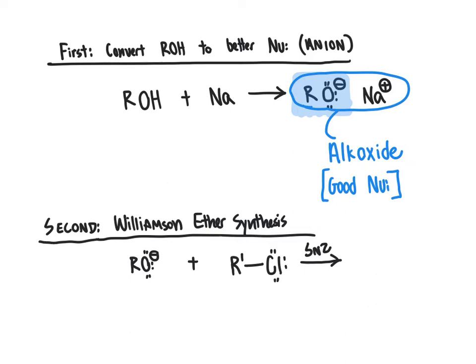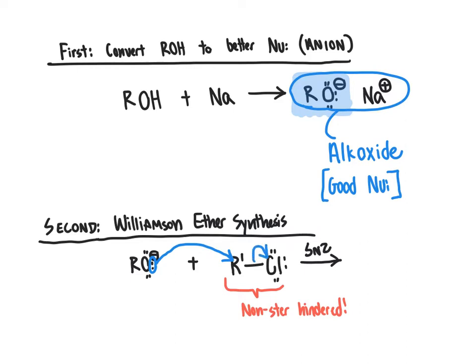And again, it's worth noting and writing down that this has to be a non-sterically hindered alkyl halide. So we take that oxygen anion, bring that over, form a covalent bond to the carbon that's bonded to the leaving group as the leaving group leaves. So this should look like a very typical SN2 reaction.